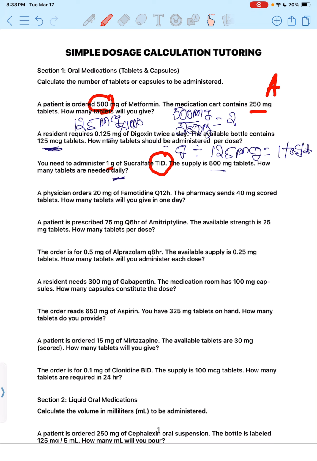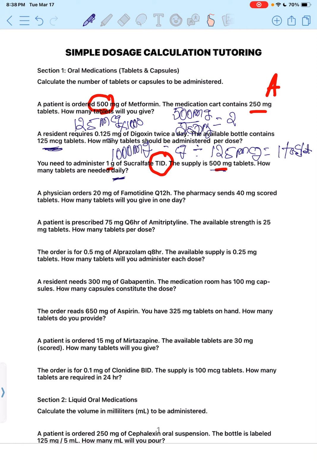Because I got 1 gram and I got 500 milligram, I'm going to push this to milligram. 1 gram equals 1,000. But Mr. Z, how do you know? Well, as I say, this is intended for someone that has already learned the conversion. 1 gram equals 1,000 milligrams. So the available is there.